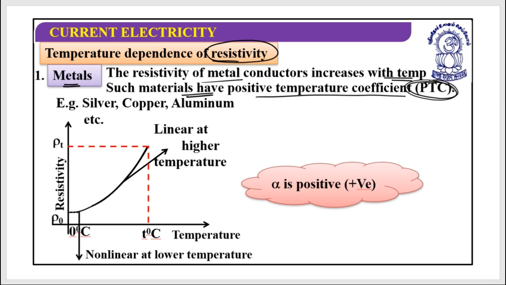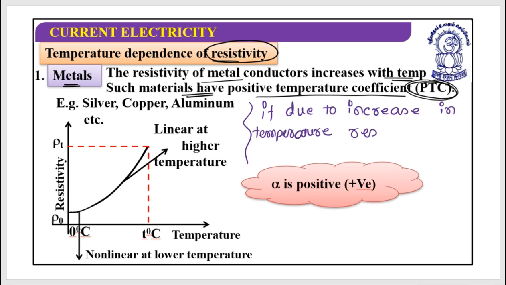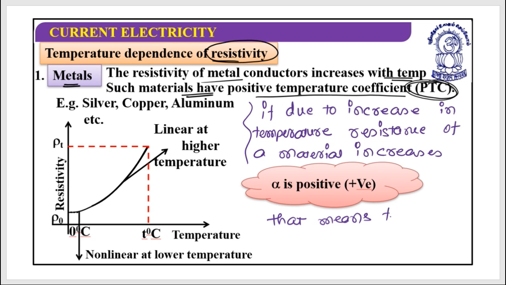Now what I mean when I use a positive temperature coefficient: if due to an increase in temperature the resistance of a material increases, that means the temperature coefficient is positive.